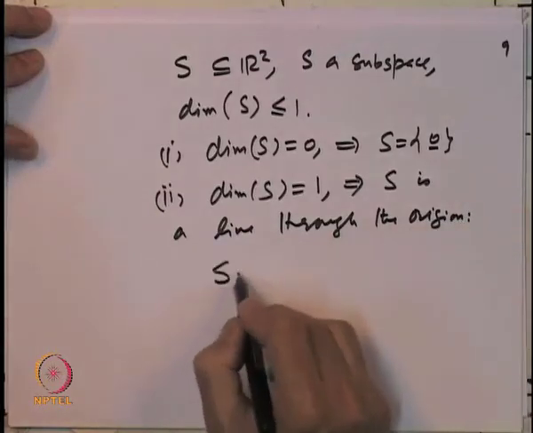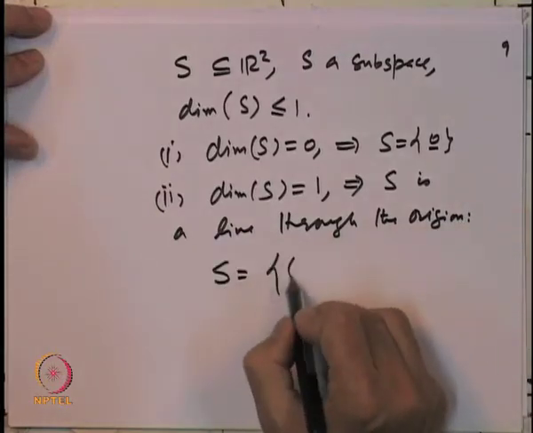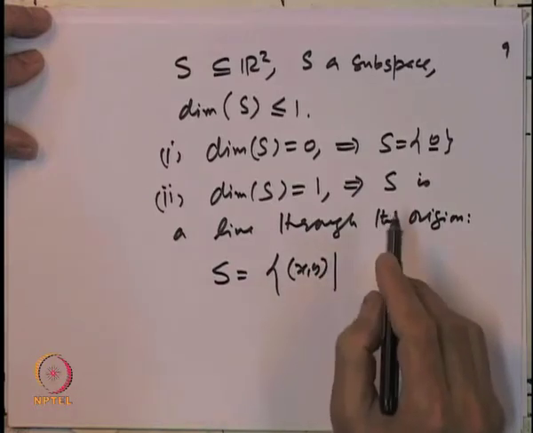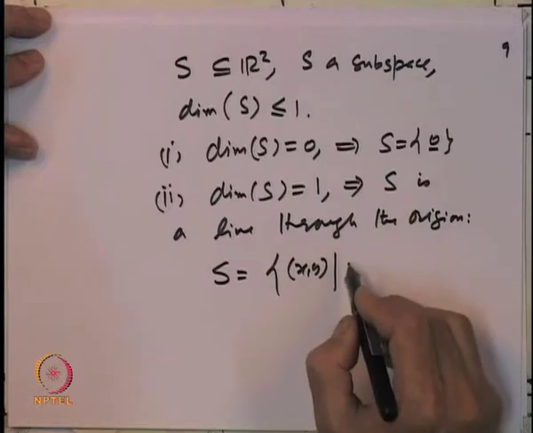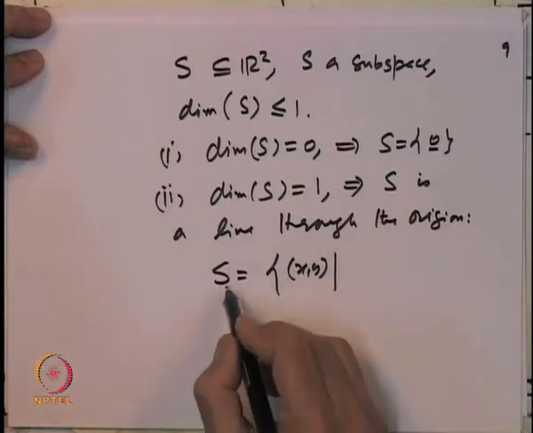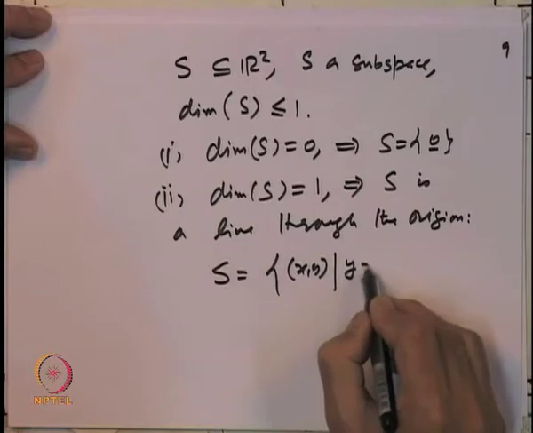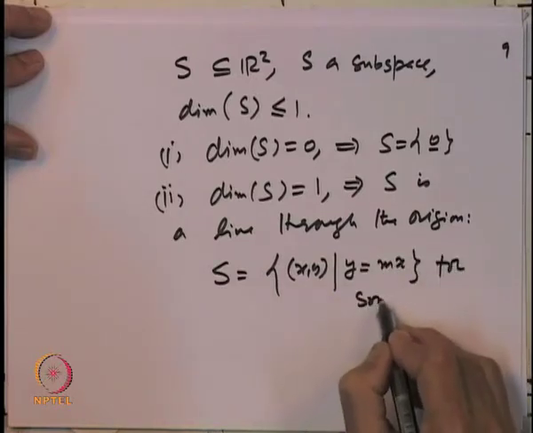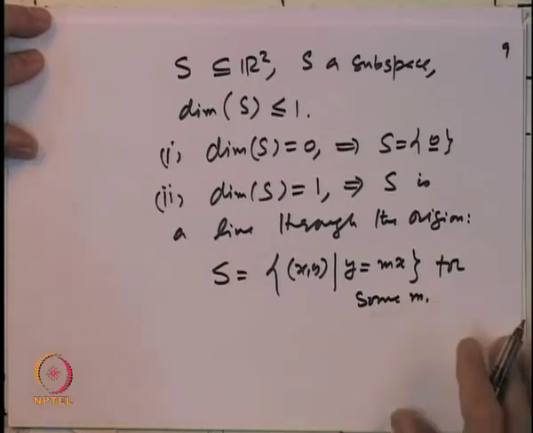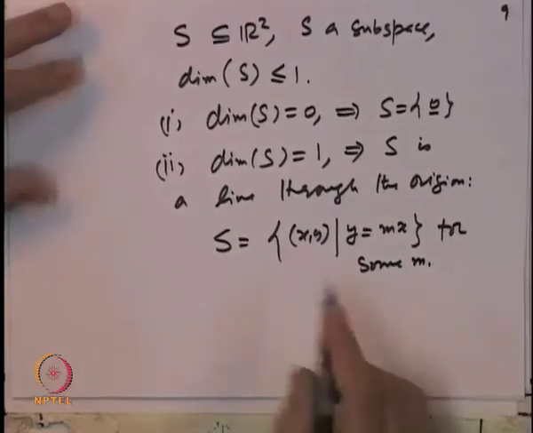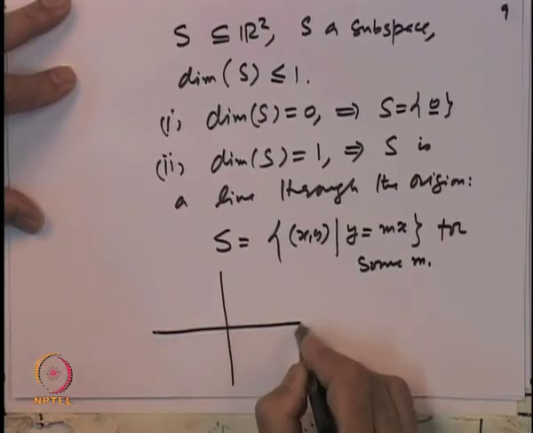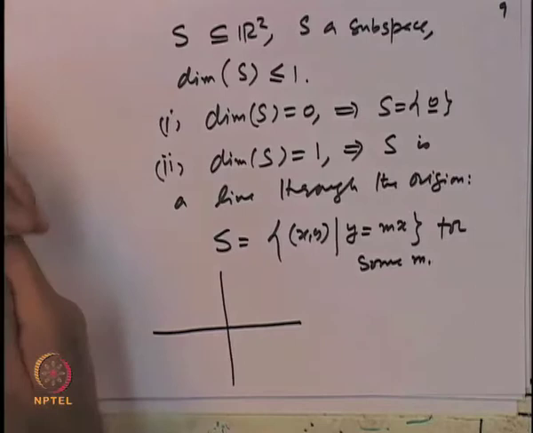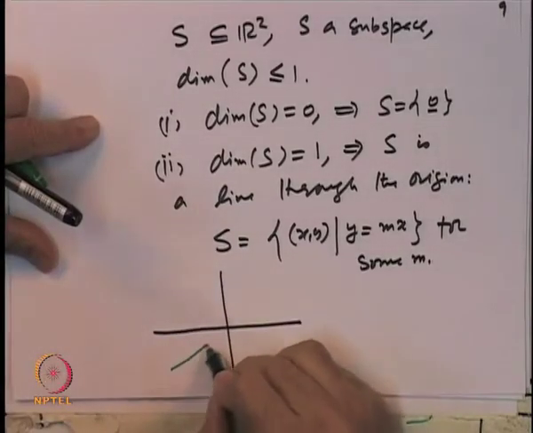Or mathematically I can write S as all (x, y) where y is equal to mx for some m. That means, in R^2 a subspace is just a line through the origin.